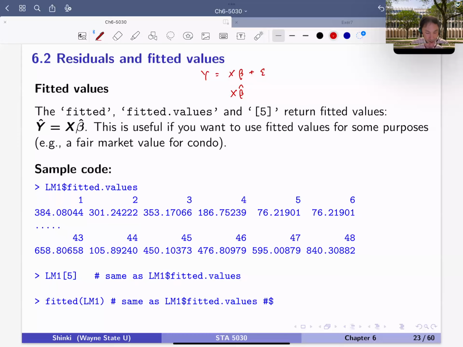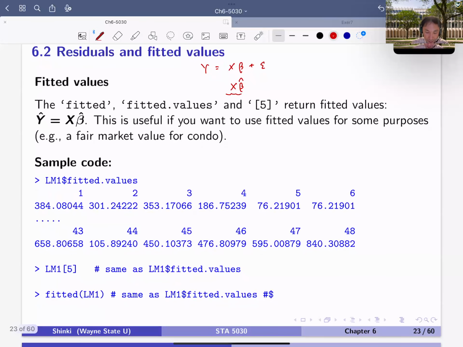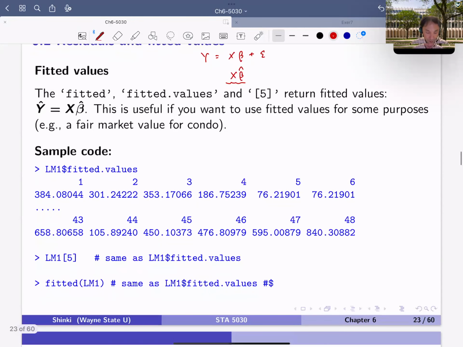So this is the predicted value of y, right? We estimate beta, and epsilon is the error. If we remove the error, then we can calculate the estimated value of y. That is called the fitted values, and we can use the fitted function or fitted dot values to obtain those numbers.